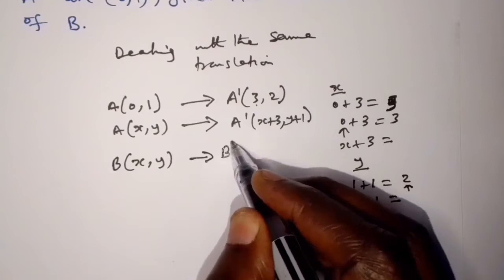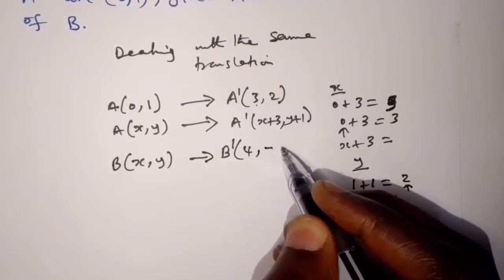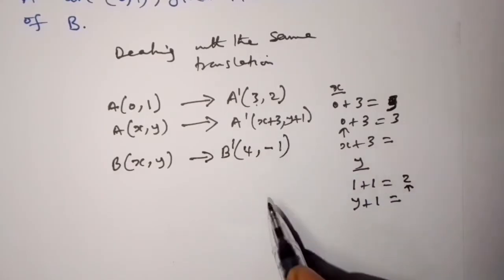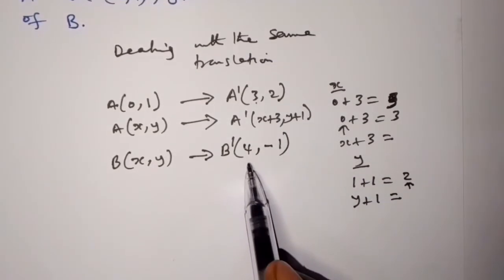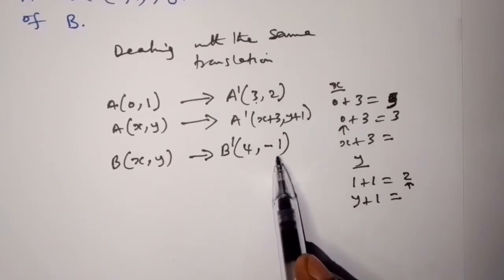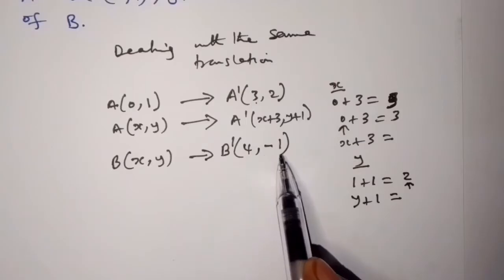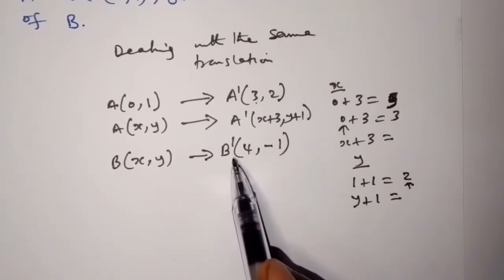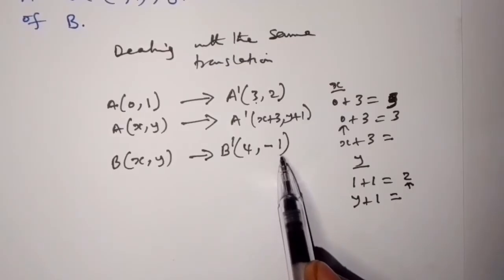B prime we have been given to be (4, -1). The coordinates of B prime are 4 for x, negative 1 for y. That is B prime (4, -1).